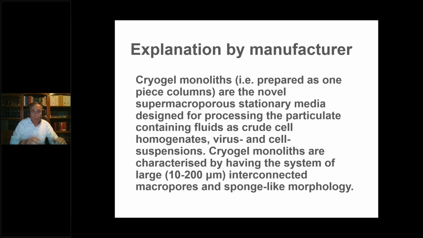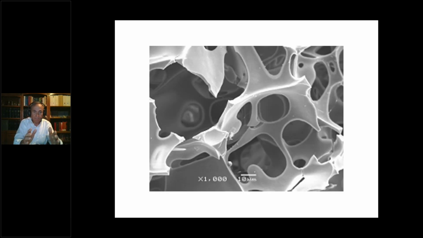And then the manufacturer said the cryogel monoliths are prepared in one-piece columns, and they're poured in there. And I assume that when you go to their website, you have to buy the column too, because you can't buy this sponge-like morphology. And they have large pores, and they're interconnected, and they look like this. Okay, so a cryogel monolith is this polymer that was made in a tube.